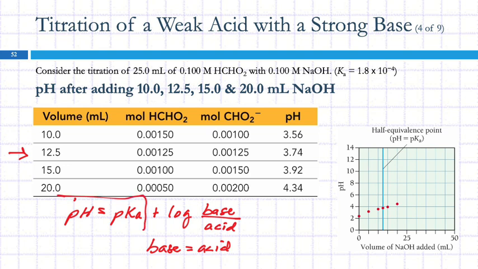And we end up with the pH equal to the pKa. So that's this point right here called the half equivalence point, because we're halfway to the equivalence point. At that point, the pH is the same as the pKa.